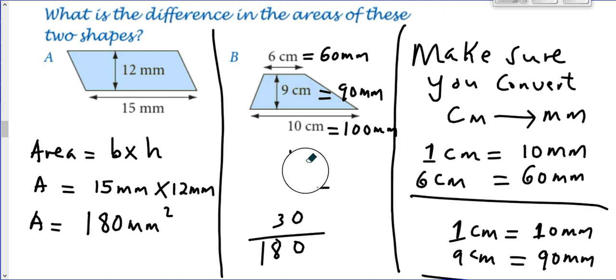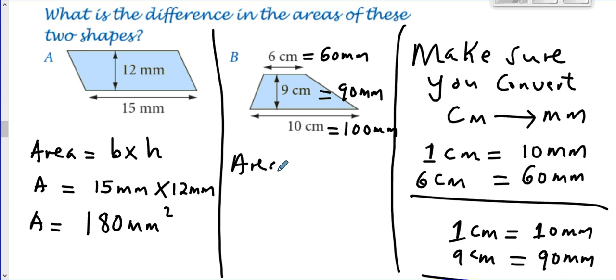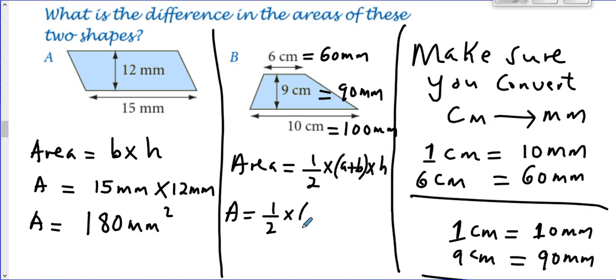Now, how about shape B? What is the area? The area will be equal to half times A plus B times height. Why? Because this shape is a trapezium. So area will be equal to half times A plus B. Now A will be this side here.